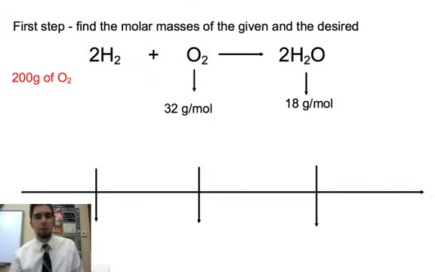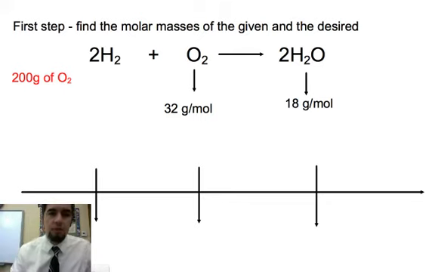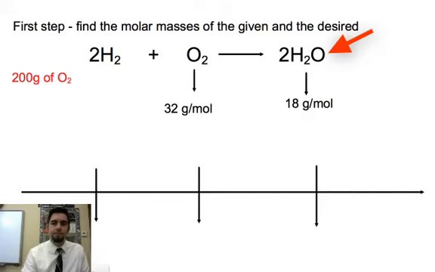I've got the 200 grams of oxygen in red, and as the first step says, find the molar masses of the given and the desired. From the equation, you can see the O2, oxygen gas, is our given. And our desired is the moles of water.